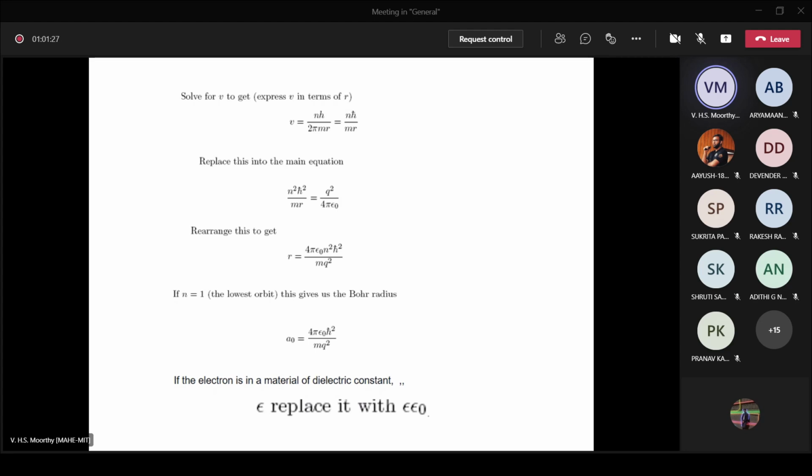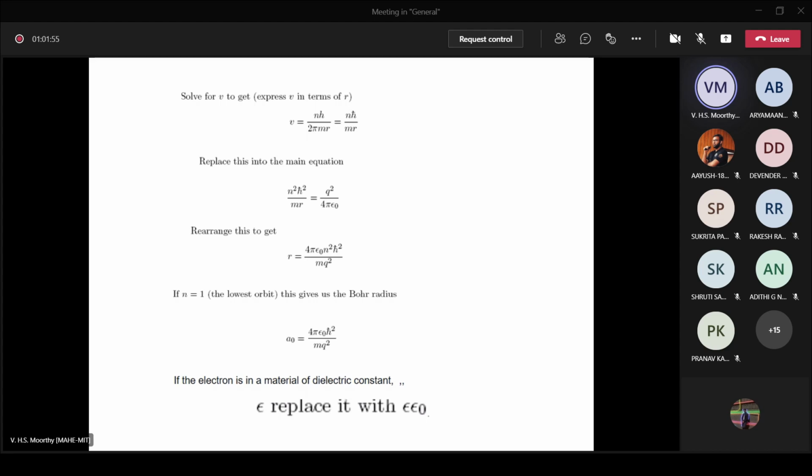Now, if we talk about a real semiconductor, there also you can take one electron and one hole, excited from the valence to the conduction band. We can consider the hydrogen atom model there also. But now the surrounding medium is a semiconductor, which has some dielectric constant value.